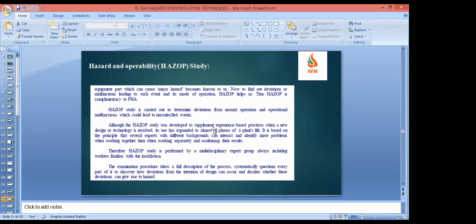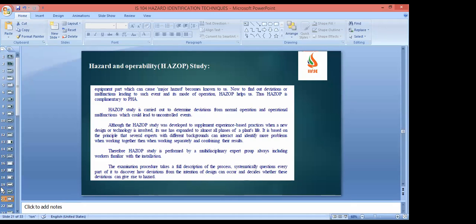Although HAZOP was developed to supplement experience-based practices when a new design or technology is involved, its use has expanded to almost all the phases of the plant's life, and it is based on the principle that several experts with different backgrounds work together. That's why it is a multidisciplinary function.